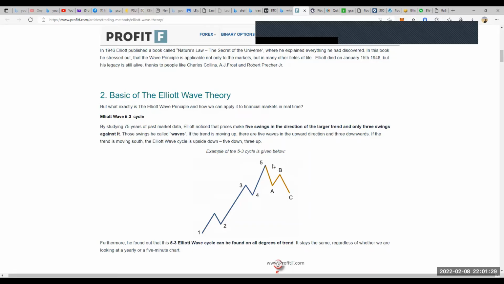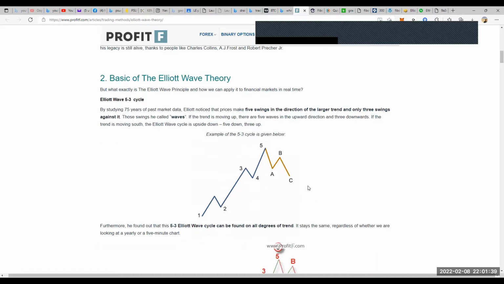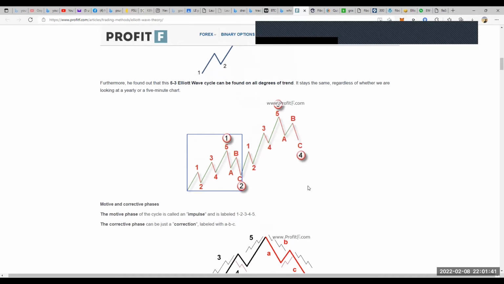So these would be your impulsive waves, and this would be your corrective wave because it's correcting towards the downside in this case. All right, so we're going to go over a couple of different trading strategies and some possible entry points. Did you notice that this is how they connect? Because I always wondered about ABC, and then it starts another one.